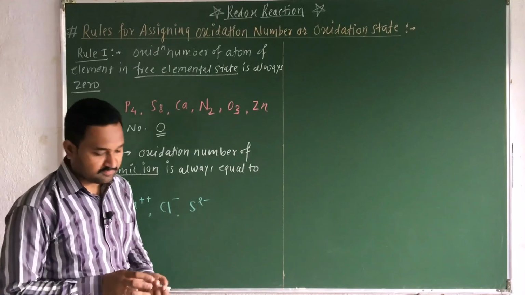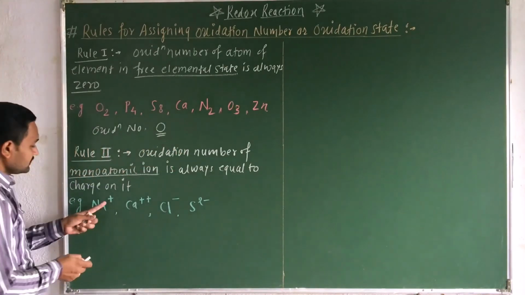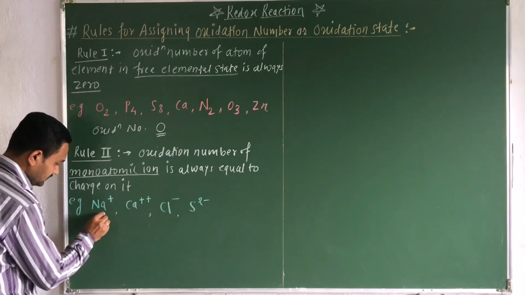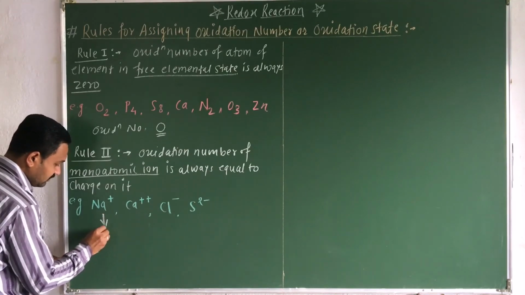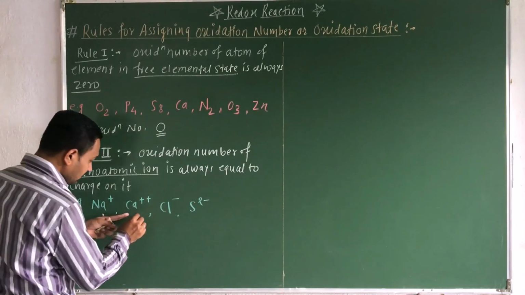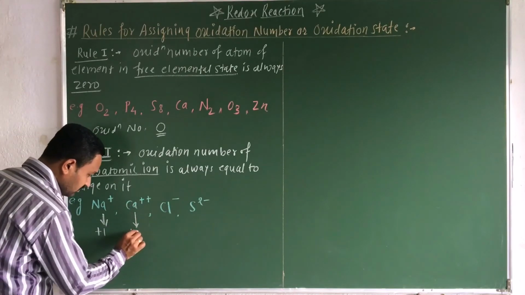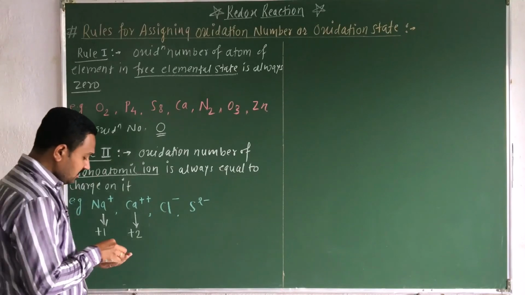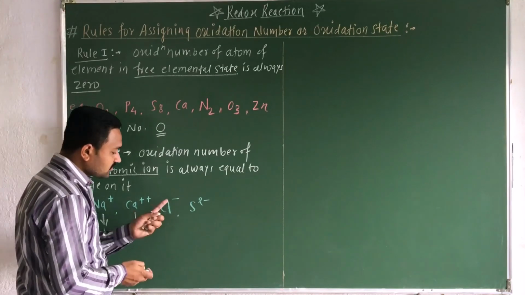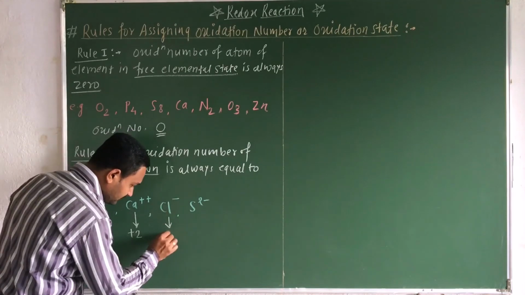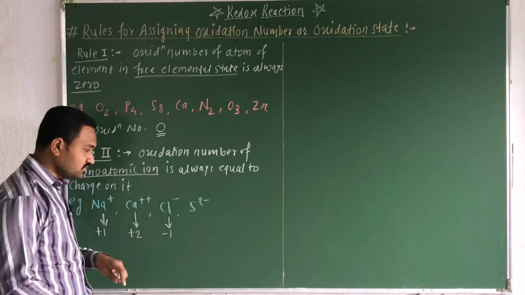Whatever charge is present is nothing but their oxidation number. For example, the sodium ion Na+ will have the oxidation number +1. Obviously, as Ca2+ has 2 positive charges, its oxidation number will be +2. Then chlorine having a -1 charge, its oxidation number is -1.